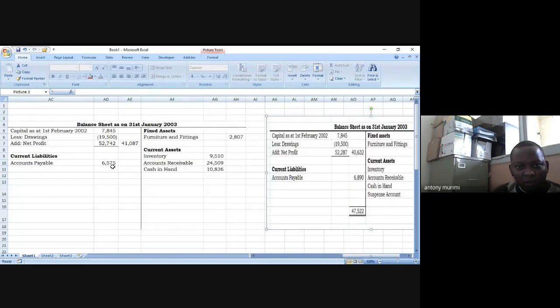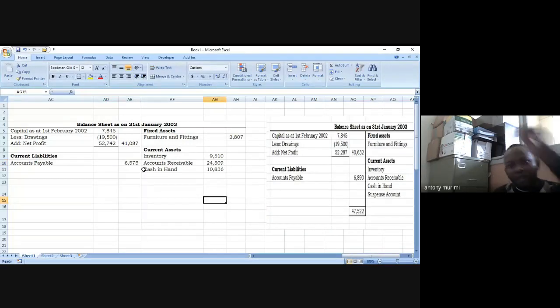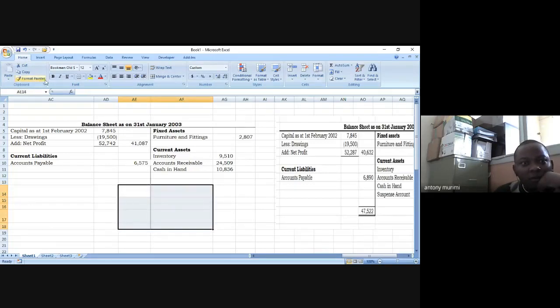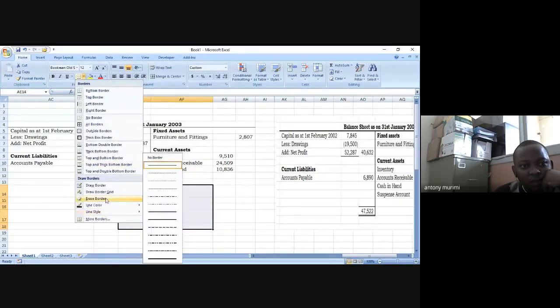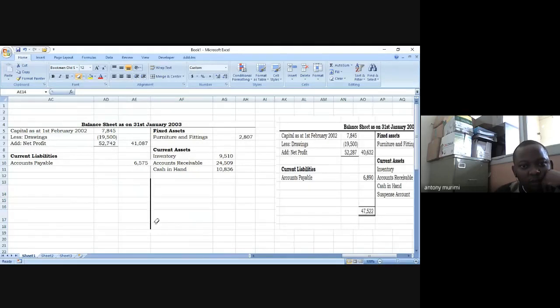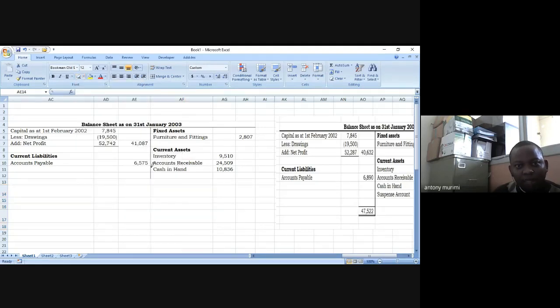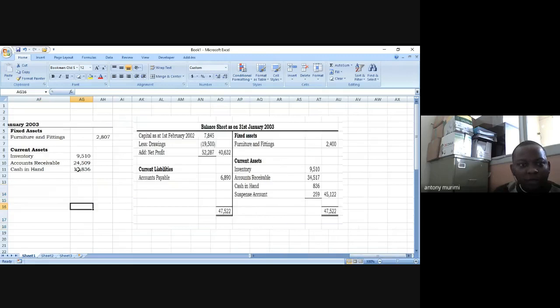So we add both sides of the balance sheet and see how much we have. Should it balance off without the suspense account?